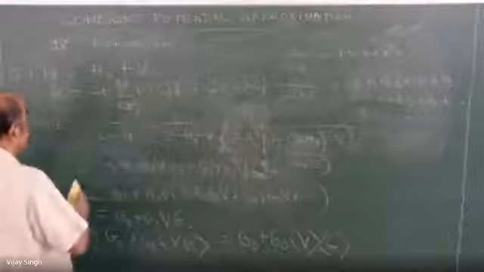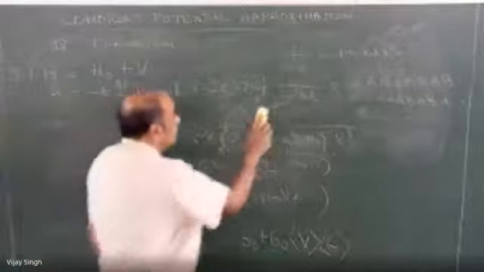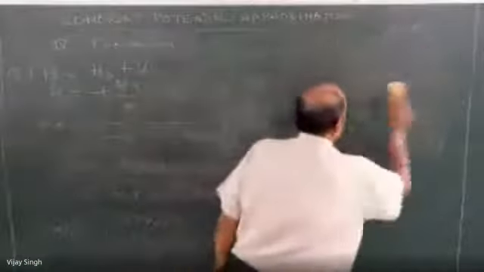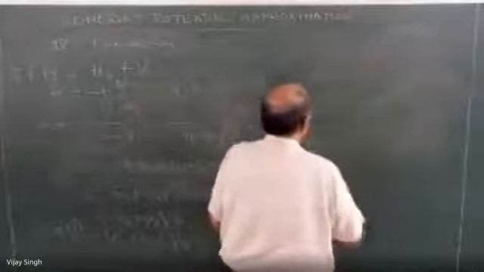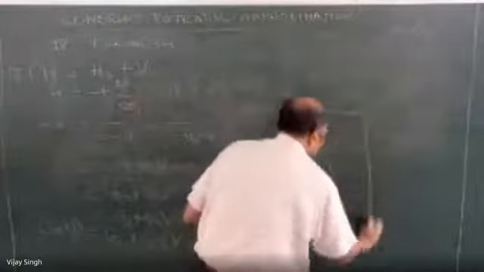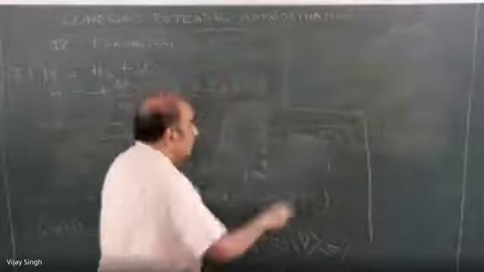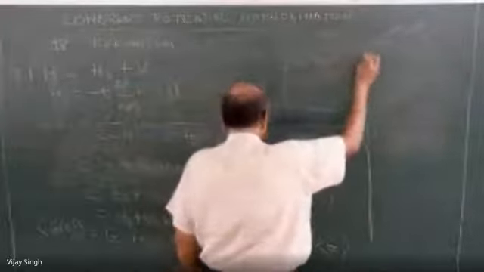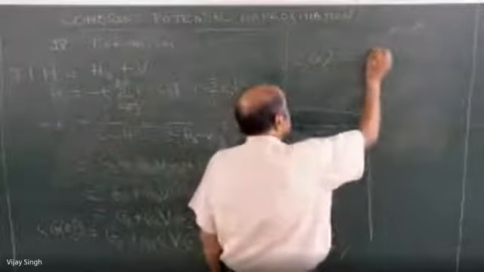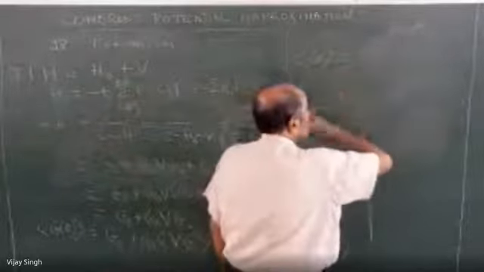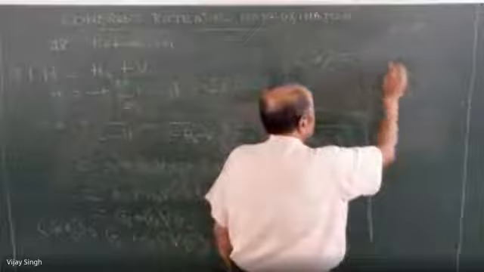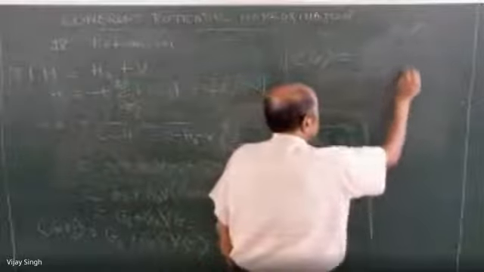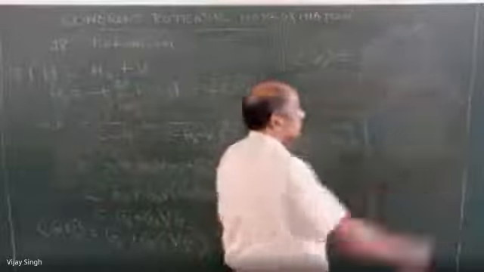In that case, and I think I have a little shortage of space here, so I'll use this part of the blackboard. In that case, what I get is my Green's function is simply G0 into 1 minus G0 into the average of V, inverted. That's how the Green's function comes out.